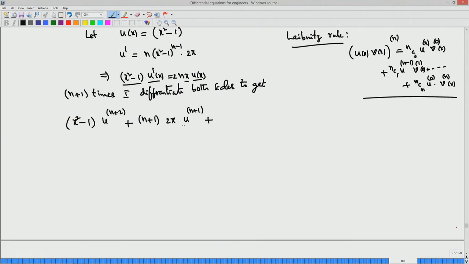Plus one more time: n+1C2, that is (n+1)n divided by 2.